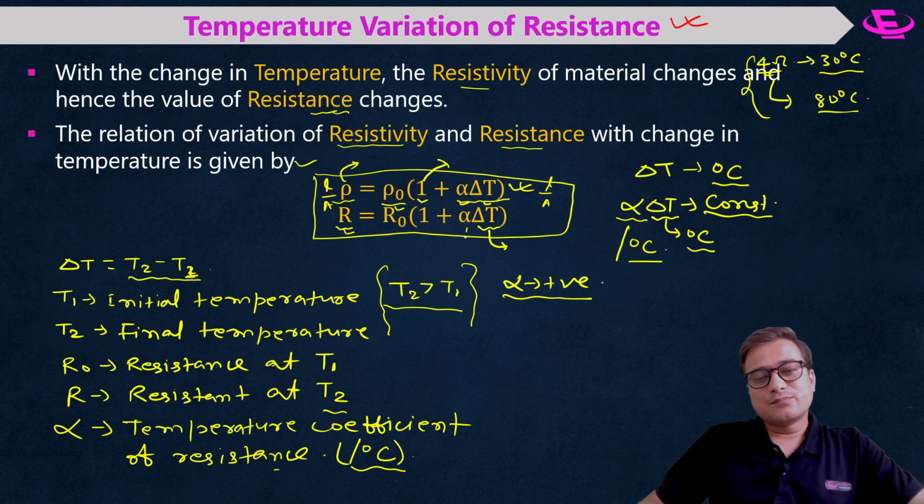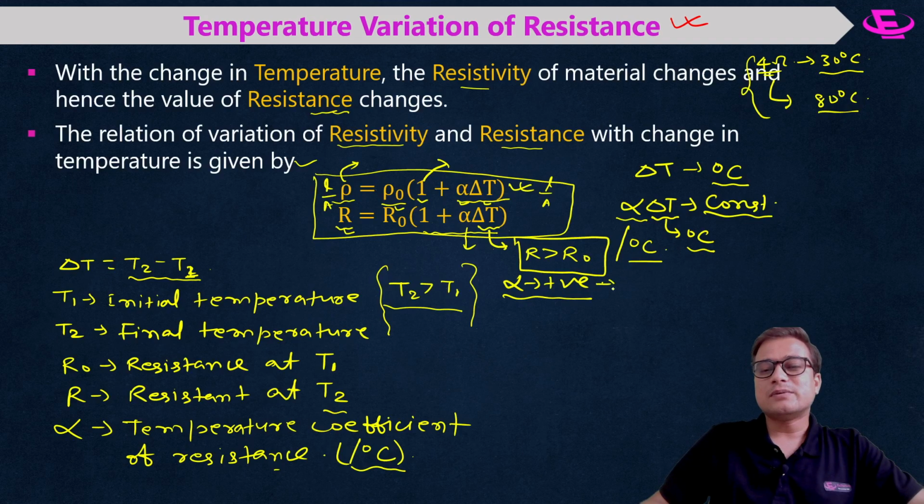If alpha is positive, delta T is positive, so this total term will be greater than 1. Greater than 1 means R will become greater than R naught. It means if alpha is positive, then resistance increases.